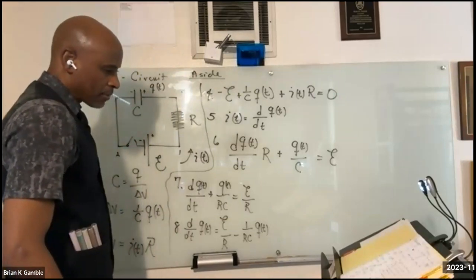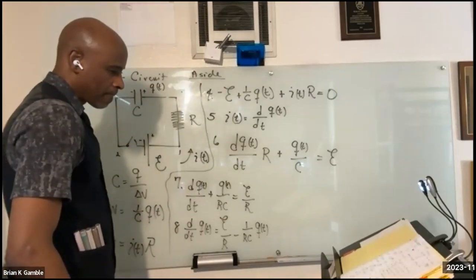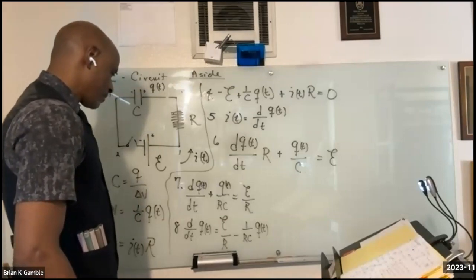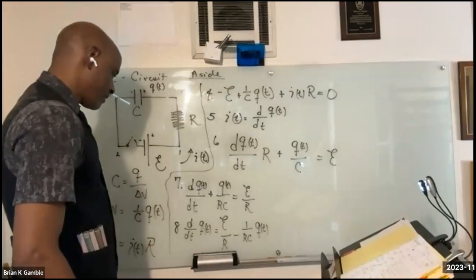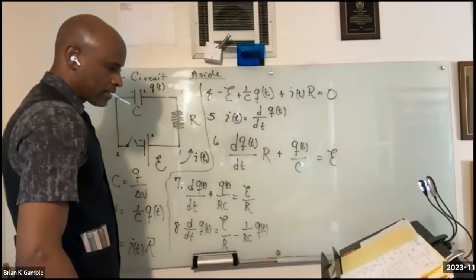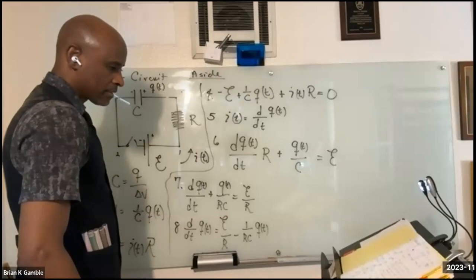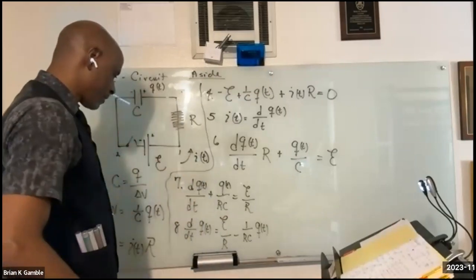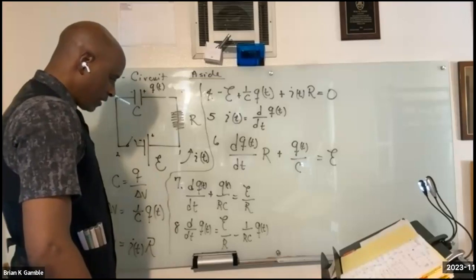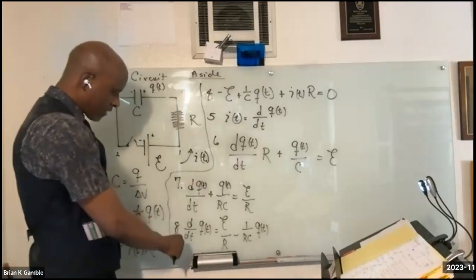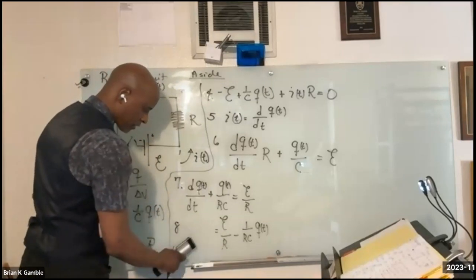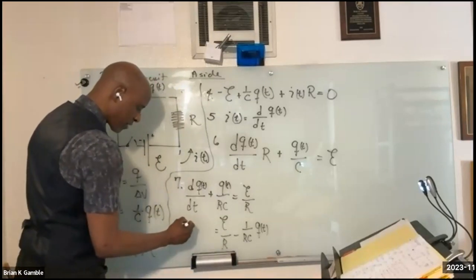So now I'm going to, a little tricky, I'm actually going to cross multiply. Over here, the numerator is charge stuff, a change in charge, and the denominator is a change in time.